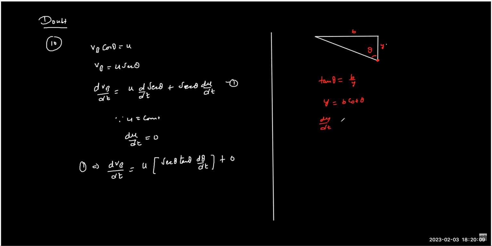So dy by dt is b into minus cosec square theta into d theta by dt. And as the block B goes up, the y will decrease. So this is minus VB, because the decrement of y is the velocity of B.